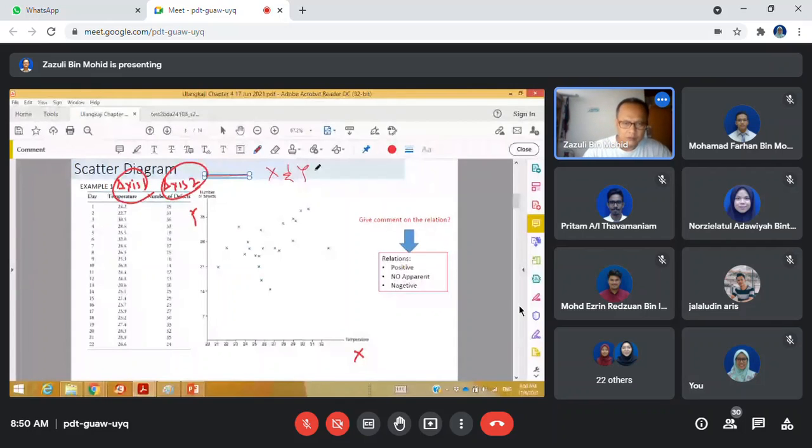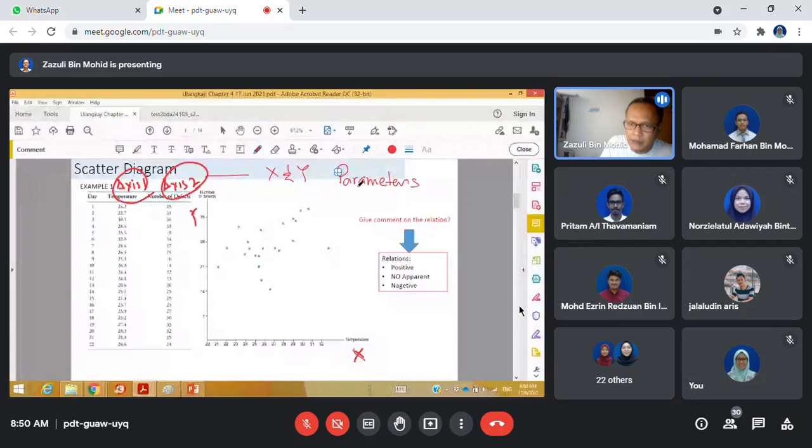So when do we put the value on X, and when can we put it on Y? Actually, in an experiment or in any data, we have what we call parameters.